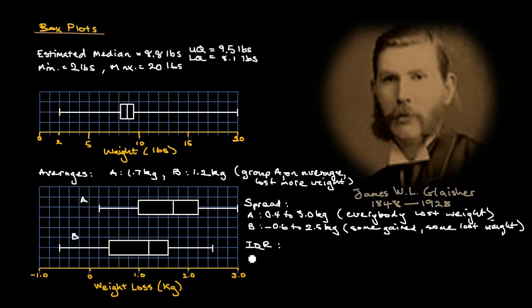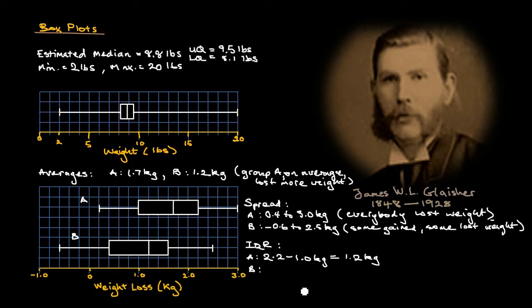Let's start with group A. So group A, if I measure the range now, we've got at our upper boundary 2.2, and we subtract the lower boundary, which is 1. So we've got an interquartile range for group A of 1.2 kilograms.